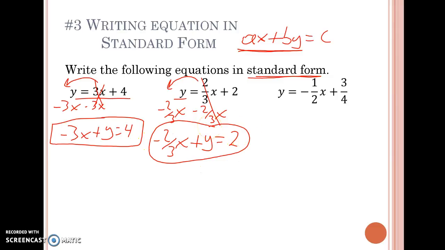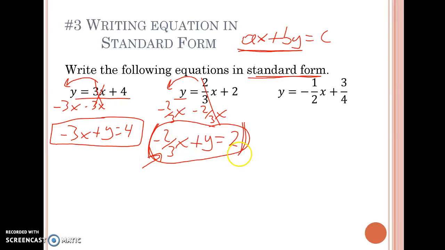Technically, this is in standard form. However, if you take the SAT test or the ACT test, you're not going to see an equation in standard form as an answer that looks like that, simply because they're going to want to write it without fractions. And so we can get rid of those fractions by simply multiplying by the common denominator. In this case, the common denominator is 3.